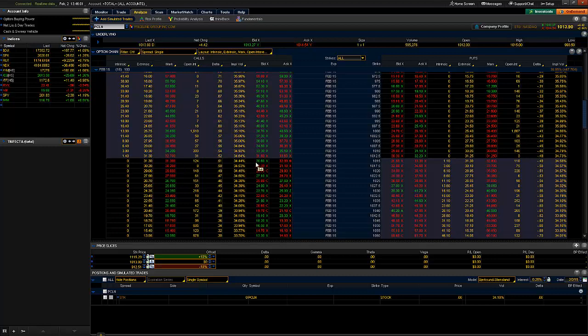And the mark is just the midpoint between the bid and the ask. As soon as you go in the money, now all of a sudden intrinsic value enters the picture, and there becomes less and less extrinsic value. So the price of the option gets more expensive the deeper in the money you go, because now you are buying and selling intrinsic and extrinsic value. All right.